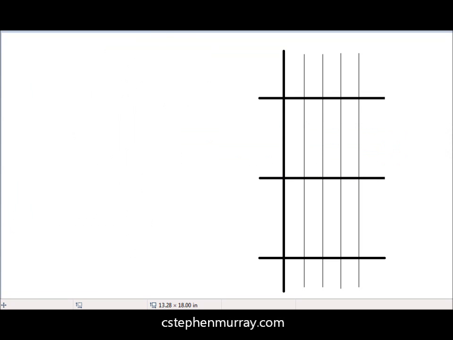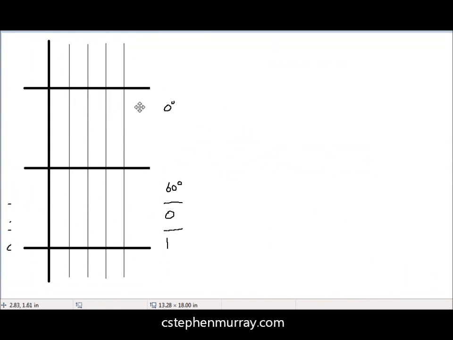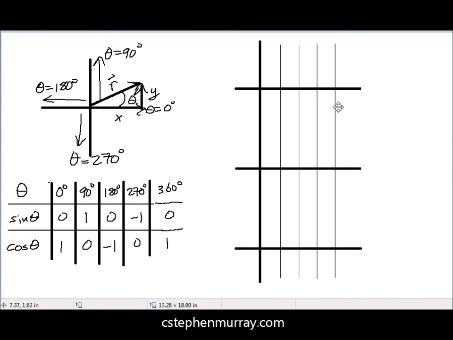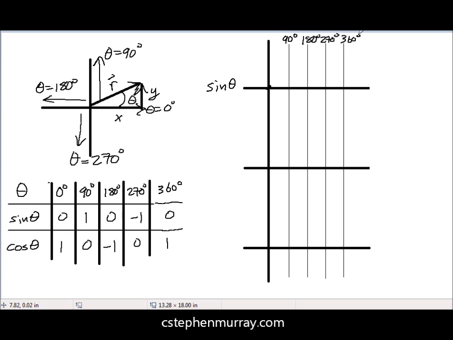Now I'm going to need this grid, so let me bring it over to where we're working. Let's take those numbers that we just found. We're going to call this sine theta. It starts at 0. We'll call this 90 degrees, 180, 270, 360.